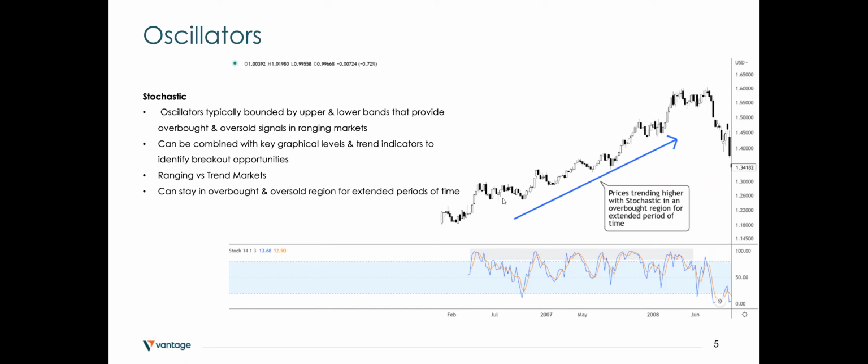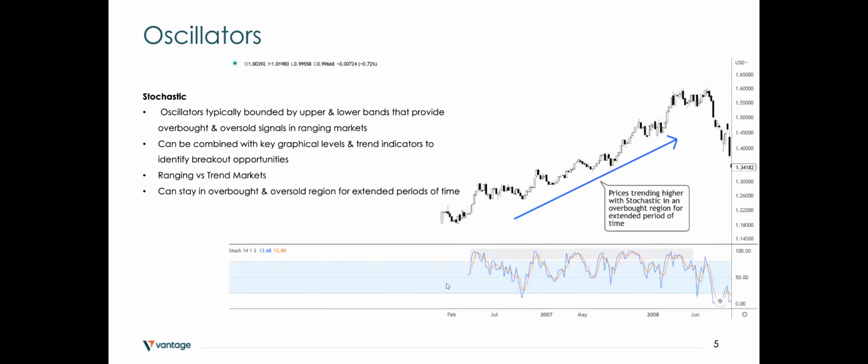It can be combined with your key graphical levels, your key support and resistance levels, and any of your trend indicators that will identify breakout opportunities. It's usually used mainly and effectively in ranging markets, but it can also be applied to trend markets.